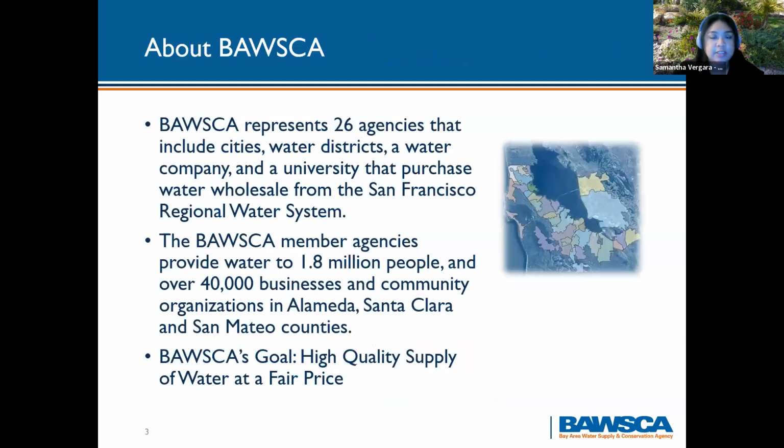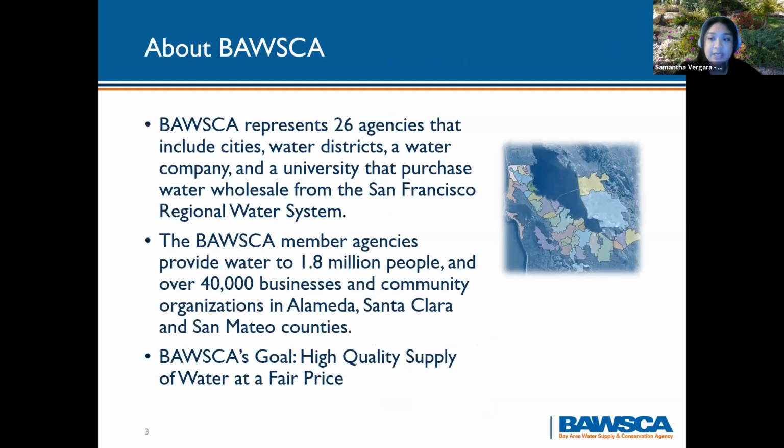So with that, let's get into a quick introduction of BOSCA. BOSCA, again, stands for the Bay Area Water Supply and Conservation Agency, and they are a special district that represents 26 agencies, including cities, water districts, water companies, and a university, all of whom purchase wholesale water from the San Francisco Regional Water System.